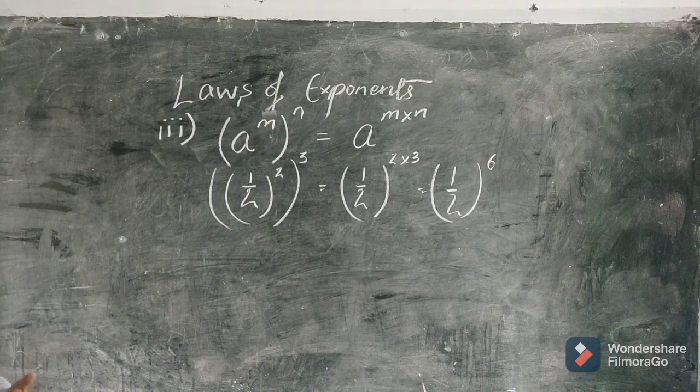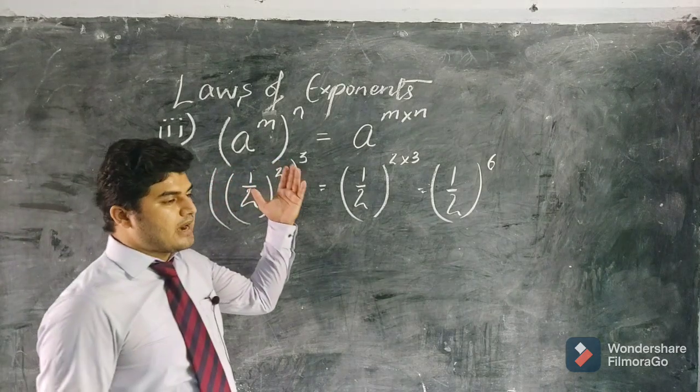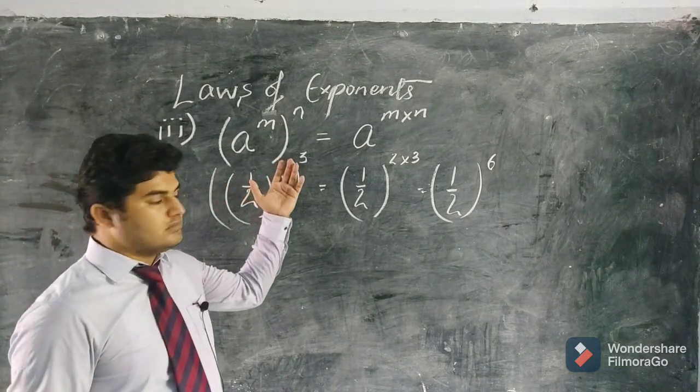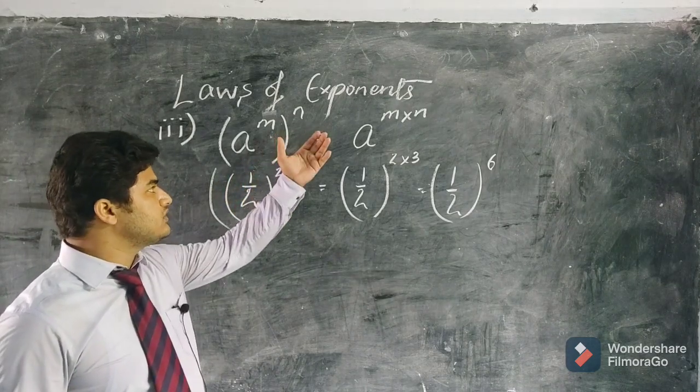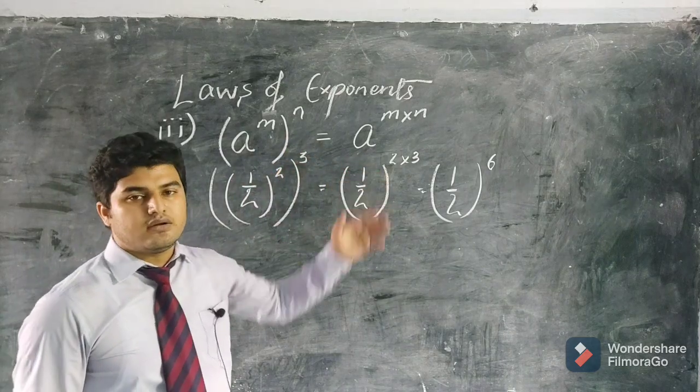So power gets multiplied when there is a bracket and the number inside the bracket is raised to a certain power, the both powers get multiplied.